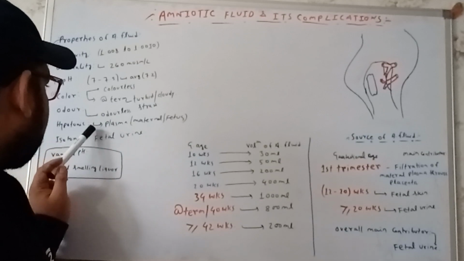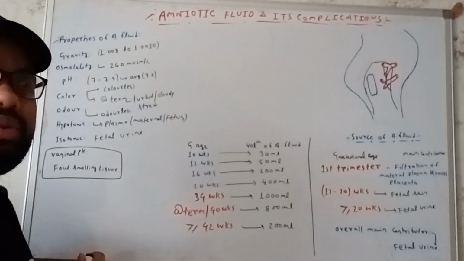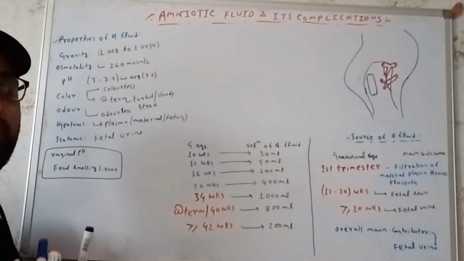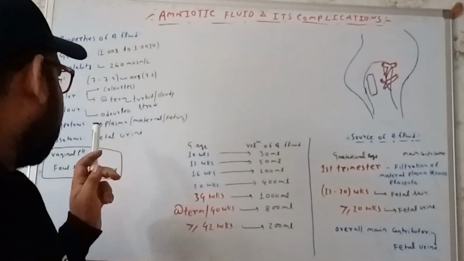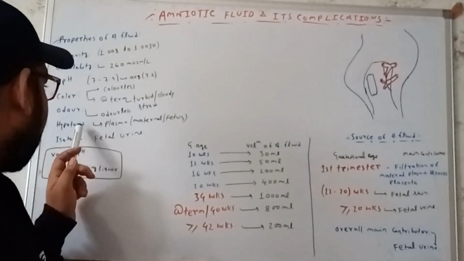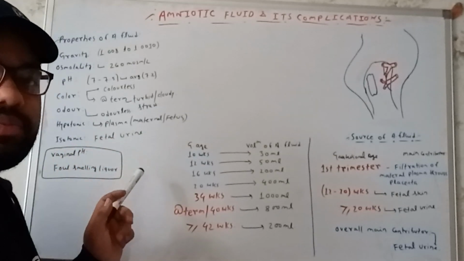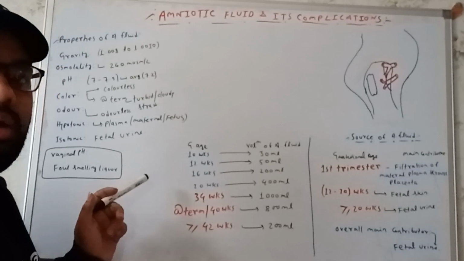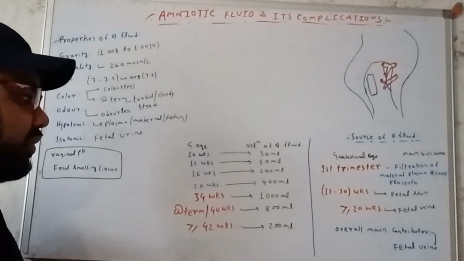In terms of the odor, it will be odorless. In terms of the tonicity, let's define it once more. The amniotic fluid will be hypotonic with respect to maternal or fetal plasma, and it will be isotonic with respect to fetal urine. Hope it's clear for you.